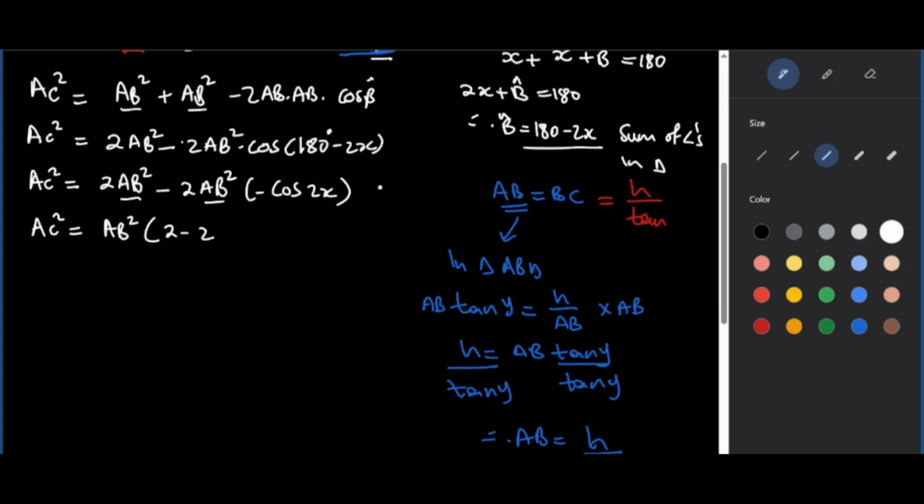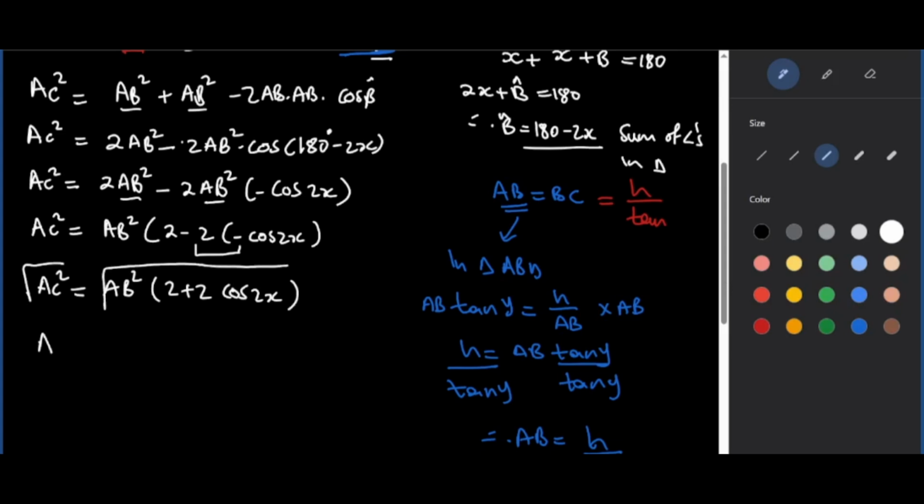Look at this. Negative 2 times that negative cos 2x. Can you see that it will bring us positive? Yes. So we can write this as AC squared is equal to AB squared into 2 plus 2 cos 2x. Then square both sides.